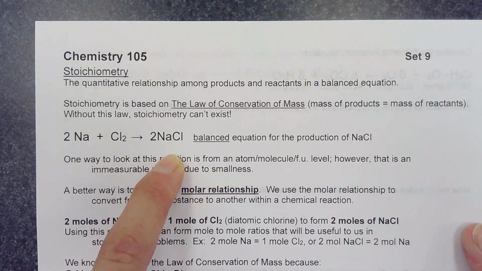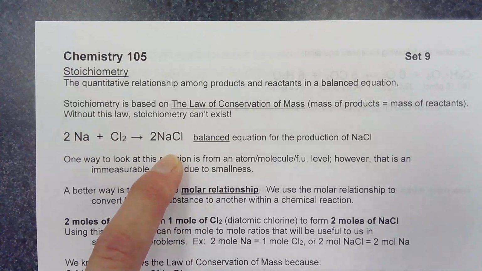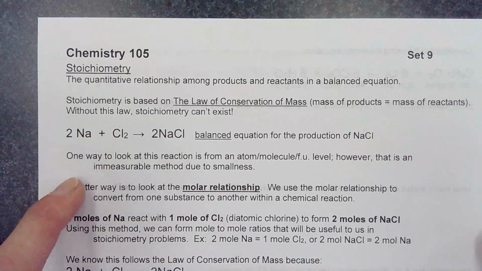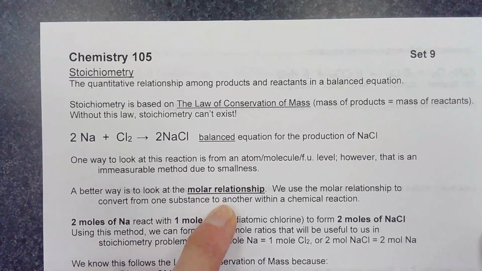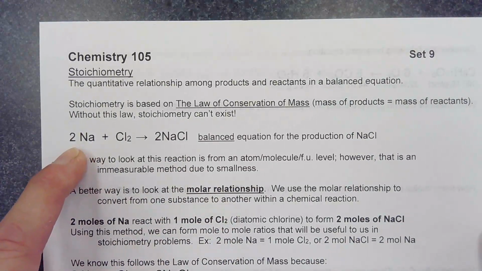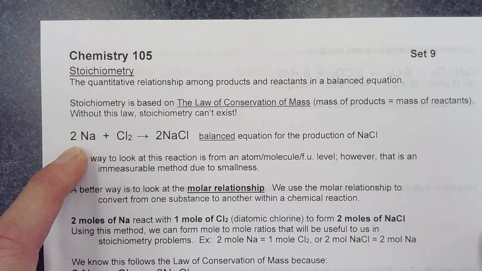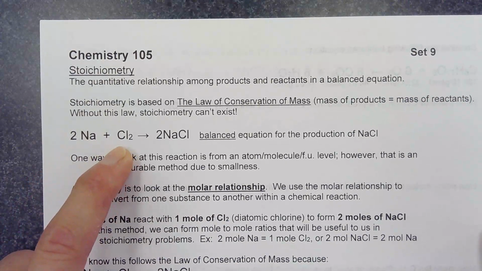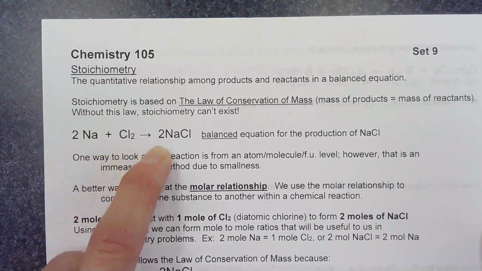But can I see 2 formula units with my eyes? It's too small. I can't see formula units with my eyes. I can't see 2 atoms with my eyes. That's too small. So a better way to look at this is in a molar relationship. So this we call 2 moles of sodium, 1 mole of chlorine, 2 moles of sodium chloride.